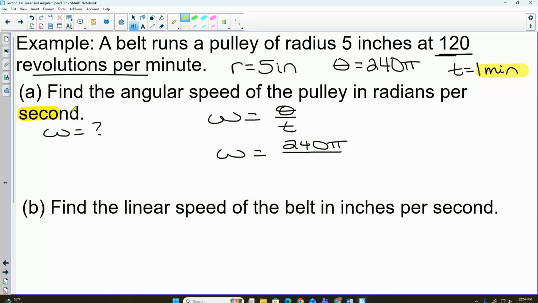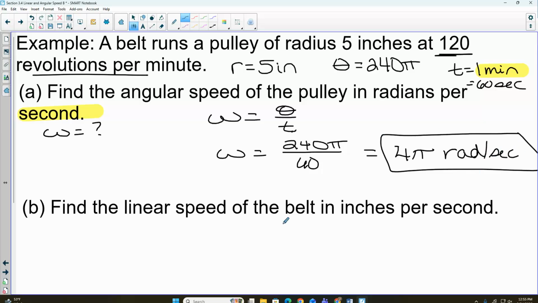But I said I want it in seconds. So what should I do instead of 1 minute? 60 seconds. And so then we get 4 pi, right? 4 pi, and that would be radians per second. My numerator was radians, my denominator was seconds.